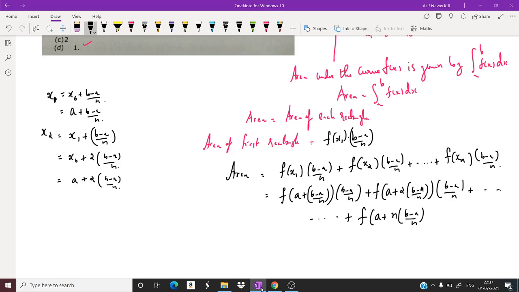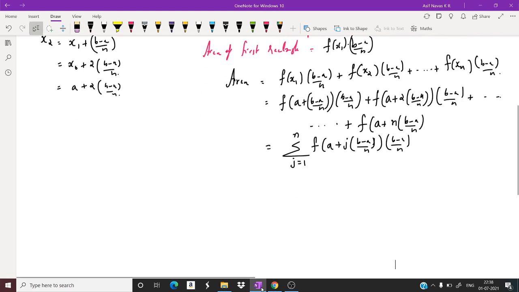Okay, so this is equal to sigma, I can write j equal to 1 to n of f of a plus j times b minus a by n, into b minus a by n.